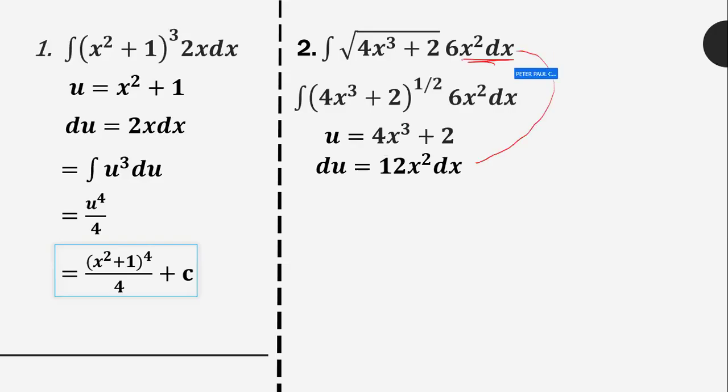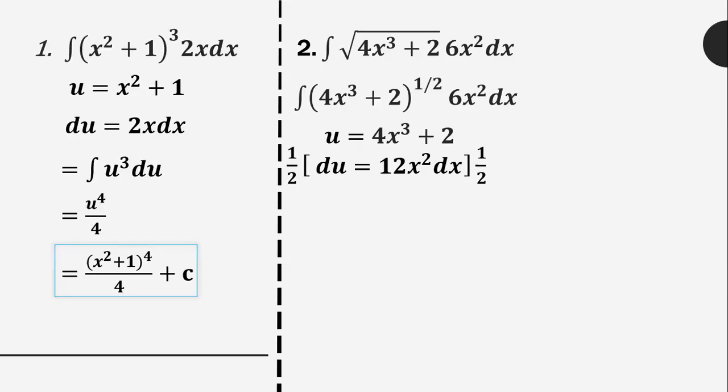Notice that x squared dx are the same, but 6 and 12 are not the same. So we have to do something to make them similar. So the only way is to multiply both sides of our implicit differential by 1 half.